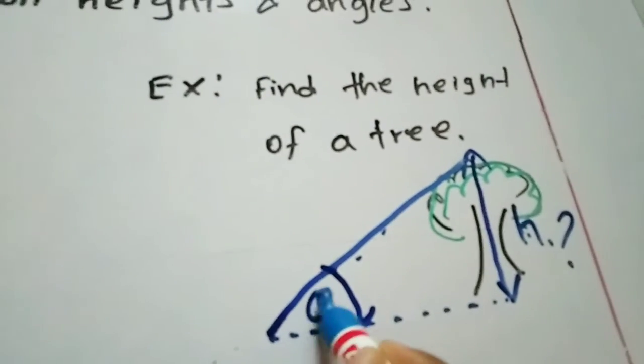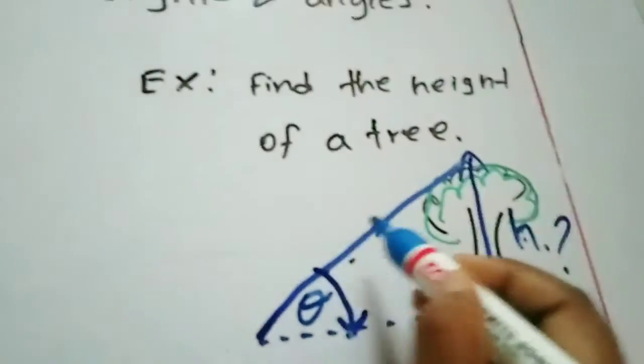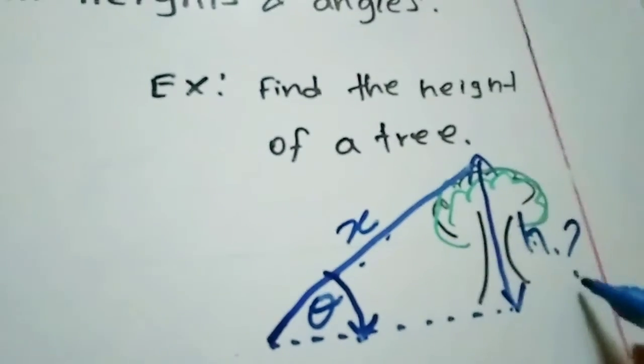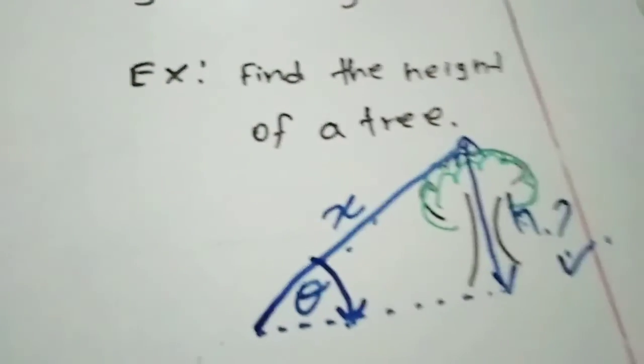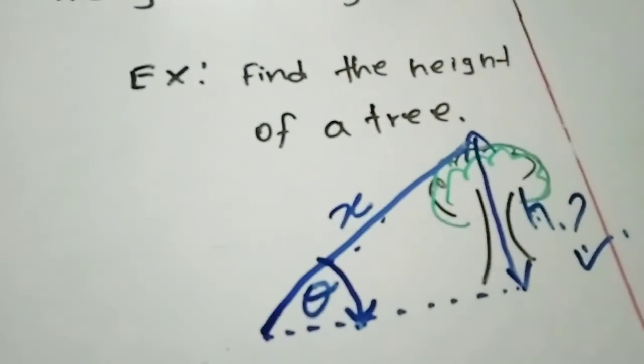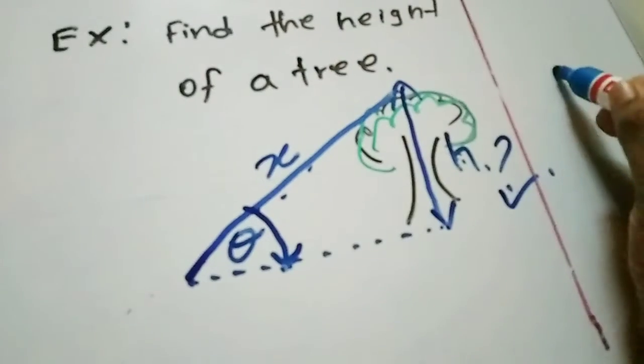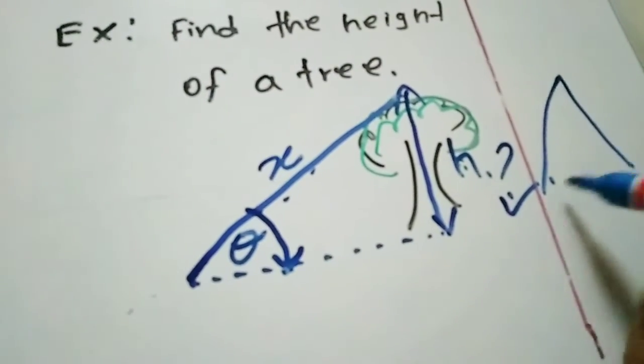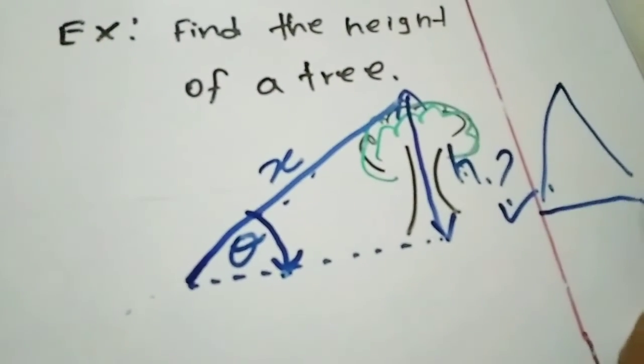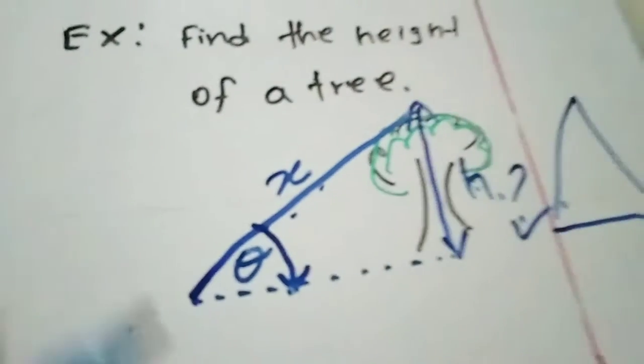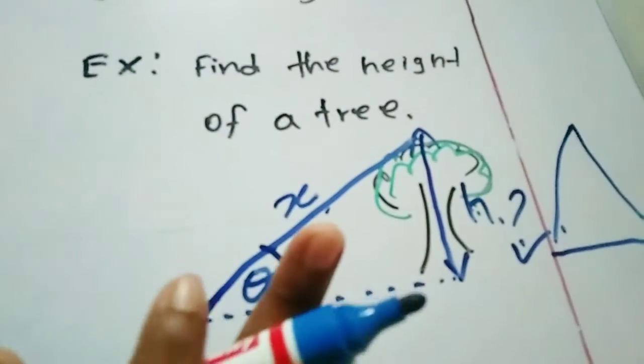What are those? The hypotenuse side and an angle, one side and one angle. The hypotenuse side I am naming as x here. You can measure it using laser light, and the angle we can find using a protractor.